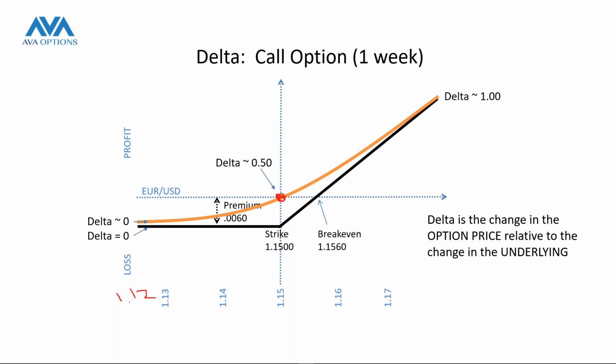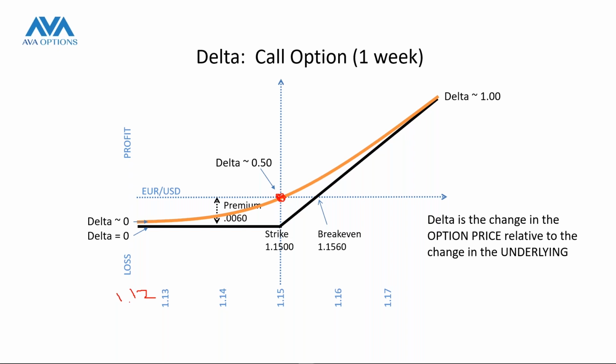So the minimum value is 0. As we approach expiration and the market is out of the money, it'll approach 0. And no matter at 113 or 112, if EUR/USD goes up or down 10 pips, the option is still going to be worth 0. So there our delta is 0. Out of the money call, the delta is going to be close to 0. A deep in the money call, the delta will be close to 1.